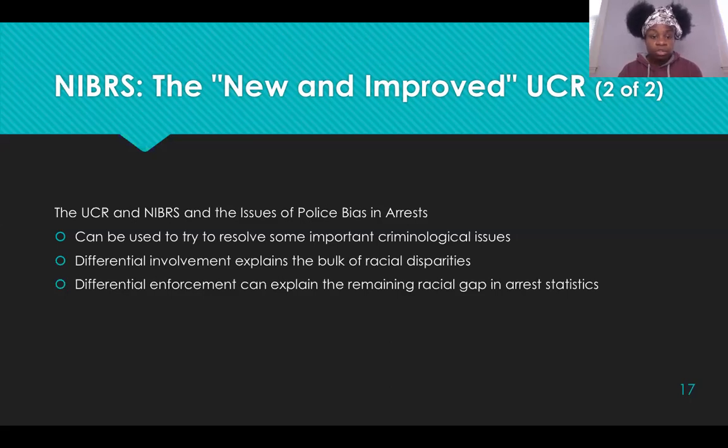Multiple data sources show that people or groups of people are differentially involved in crime, and this differential involvement explains the bulk of racial disparities we see in the number of arrests and other crime statistics, such as stop and frisk, okay, or even the use of force, okay? However, differential involvement does not explain the racial disparity that we find and that we see in this data.